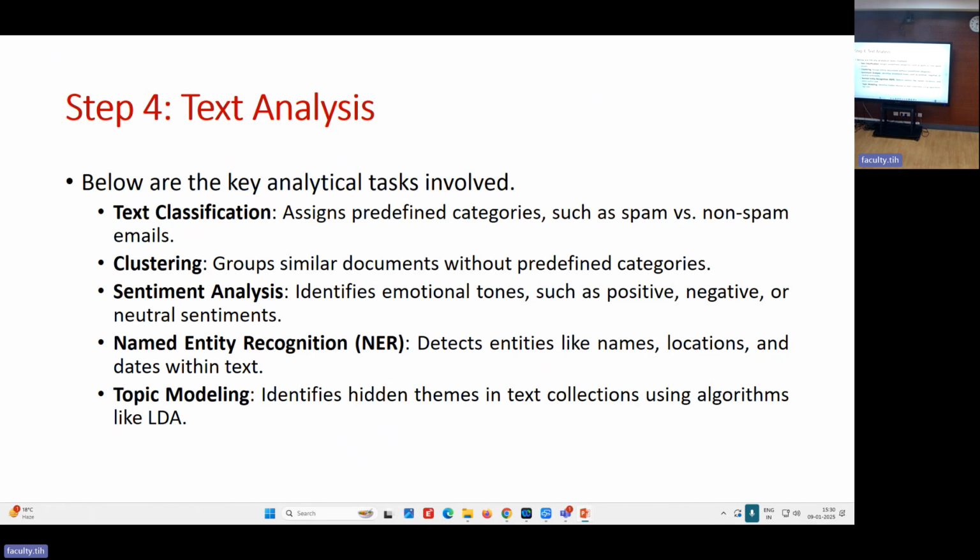Another is clustering. Clustering is an unsupervised algorithm in which you are not given any label beforehand. You have the data, and on the basis of this data you would like to cluster it, or divide it into various clusters, right?